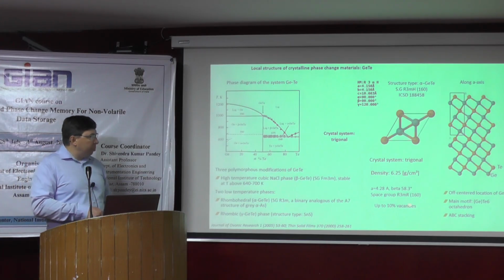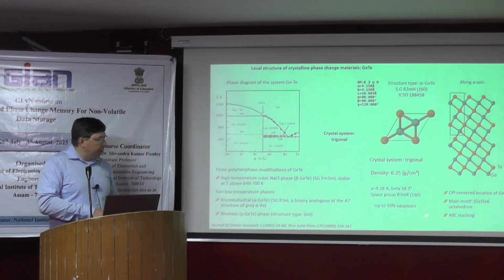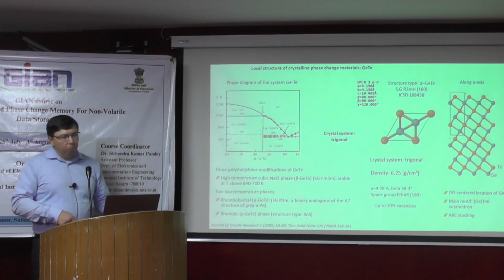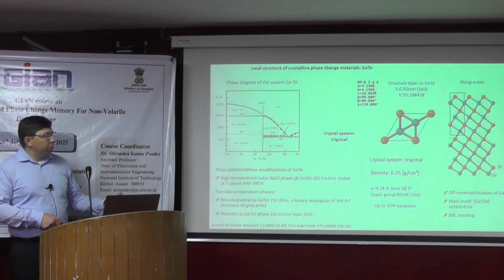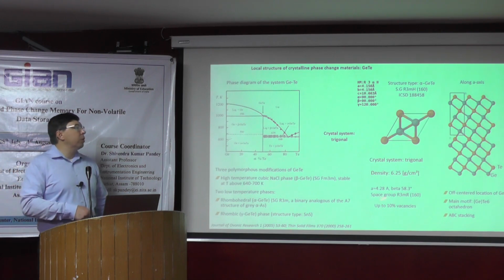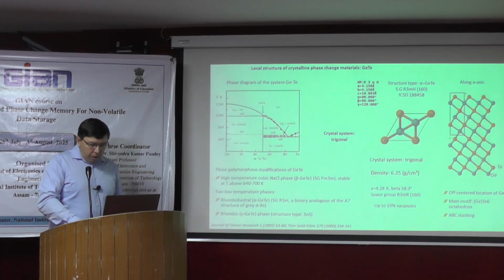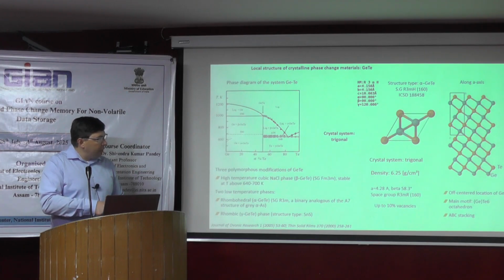But as I said, some publications reported 10% of vacancies. How they found it: they just doped this material up to 10%, and they found that up to 10% there is no crystal change in this system, so they concluded that it could be 10% of vacancies. Maybe, I don't know. But it's a cubic system with ABC stacking, so here we have ABC stacking. The trigonal system has hexagonal stacking here.